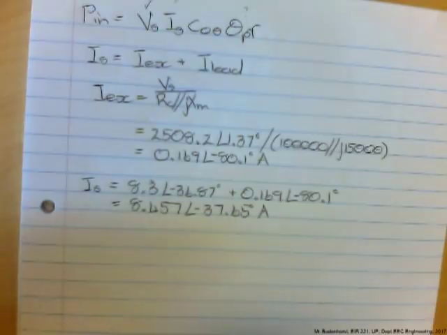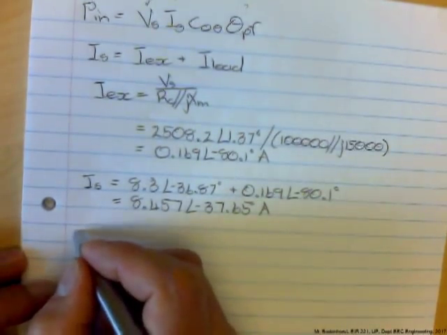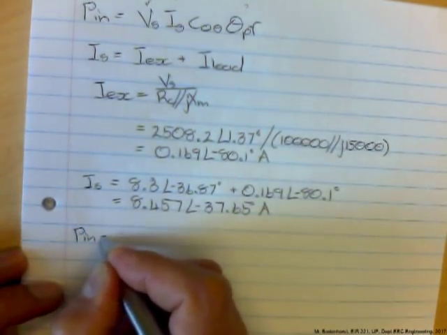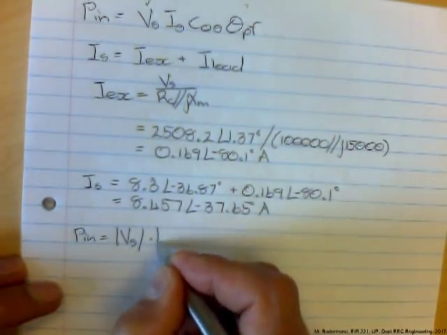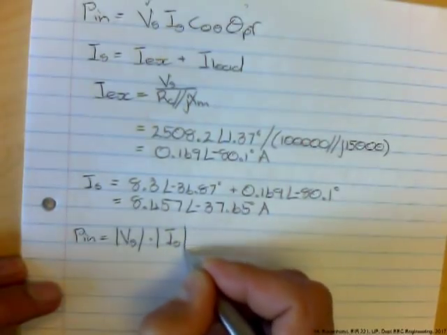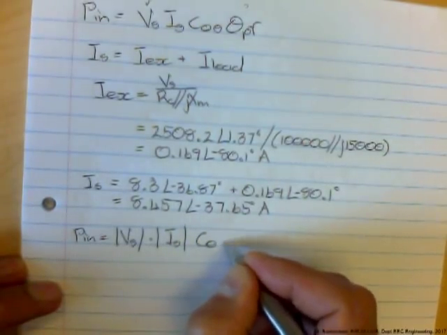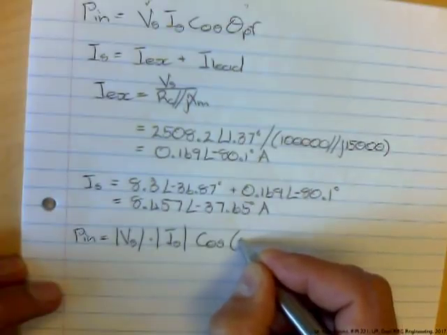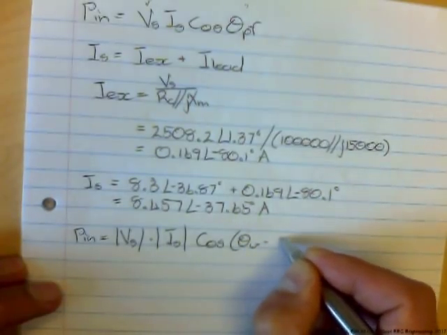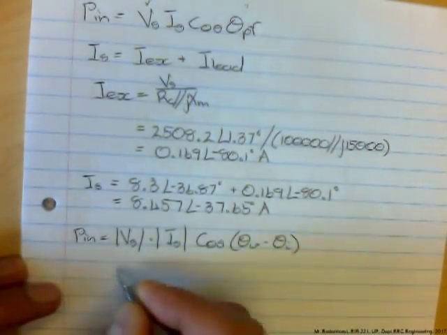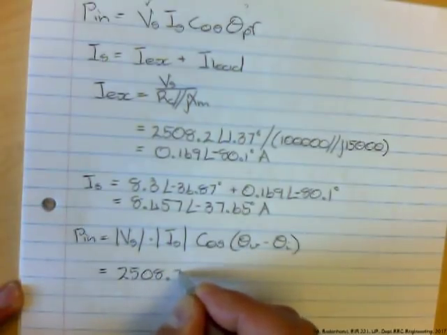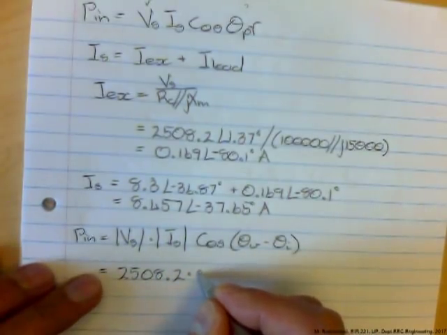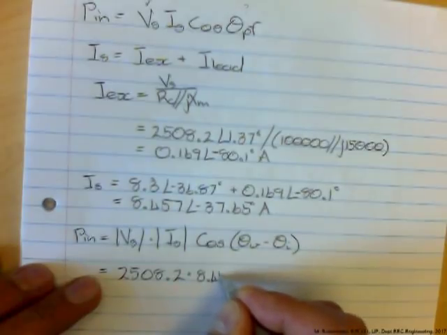Now we can calculate P in. So P in equals the magnitude of Vs multiplied by the magnitude of Is. And here's the important bit. Cosine of the power factor angle, but it's now theta V minus theta I. So in our case, our Vs is the 2508.2 multiplied by the 8.457.